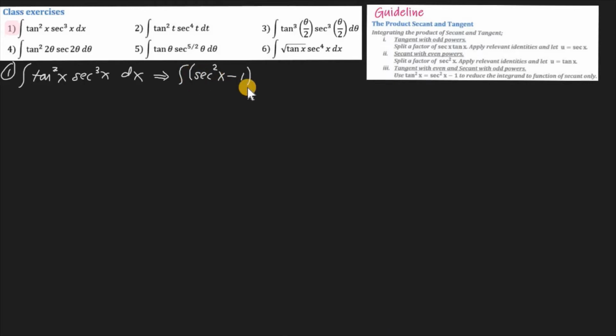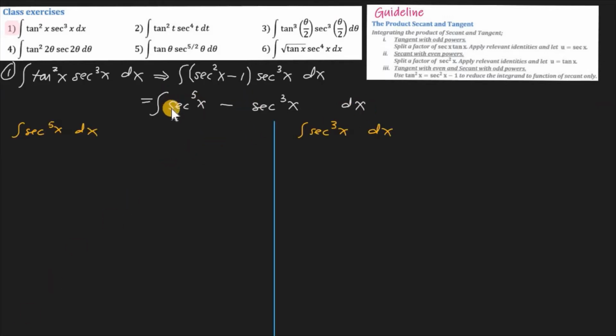This formula is given in our formula list for the trigonometric identities. And then we separate this. Now we have power 5. How to do the integral of power 5? And we have power 3, with respect to dx.